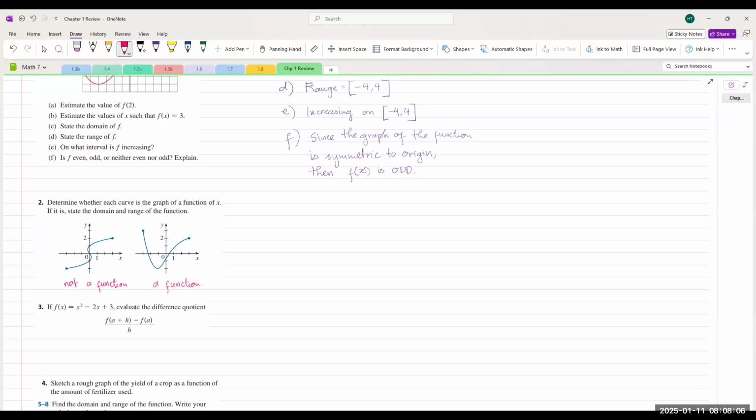Okay, now how about the domain and range? For the first graph, let's call that 2a, the domain is from -3 to +3, and the range is from -2 to +2.